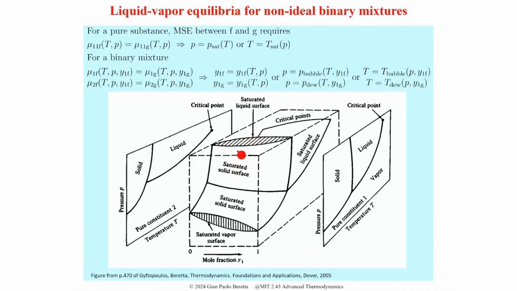And here is a sort of three-dimensional representation of how these things look. Of course, in the limit of the pure substances, you get the usual PT diagram for that substance. This is for 1, this is for 2.